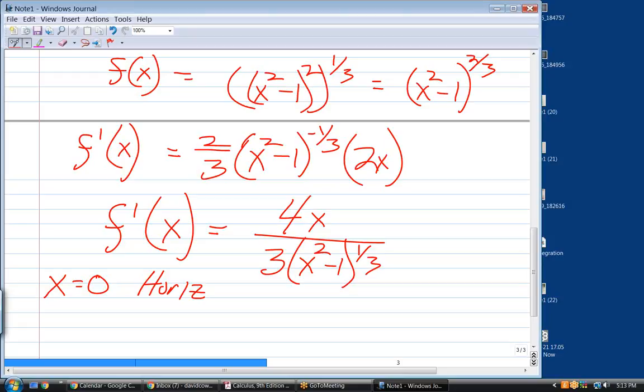That's what would make that first derivative infinite or undefined. It's only two numbers. x equals 1, and then negative 1. So you have two places where you have vertical tangent lines, and you have only one place where you have a horizontal tangent line. That makes sense.